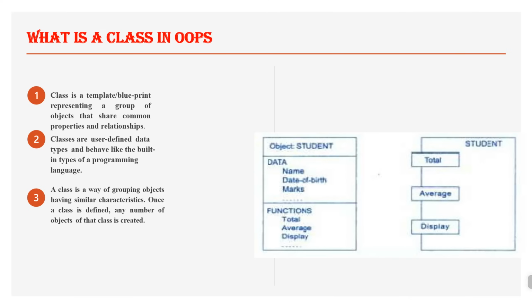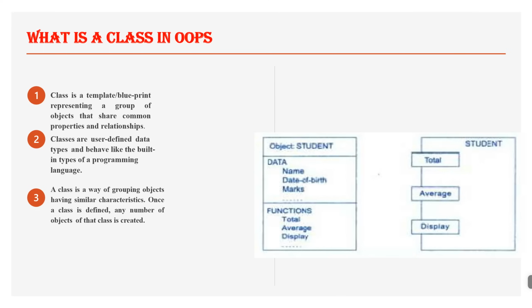So there is an example which is given, a blueprint which contains the member data. What are the data? Name, date of birth and mark. And functions which are associated with the member data. What are the functions? Total. Total is a function which is going to act upon a data called marks. Average is one more function which is going to act upon total marks.